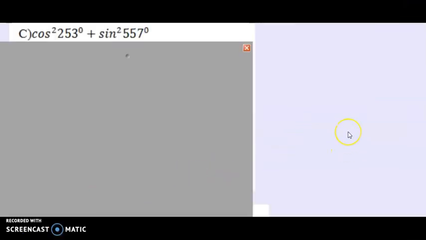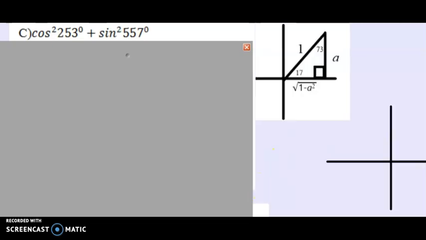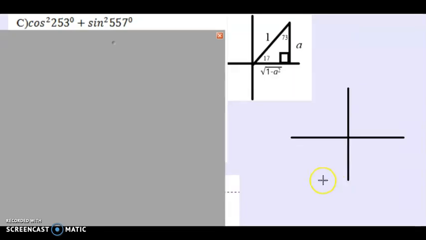Our next question says calculate cos squared of 253 degrees plus sine squared of 557 degrees. Before we go any further, I would like to explain something with regard to reduction. When I work with an angle, I will write that angle in terms of an acute angle, or as 90 degrees plus or minus, or as 180 degrees minus or 180 degrees plus.